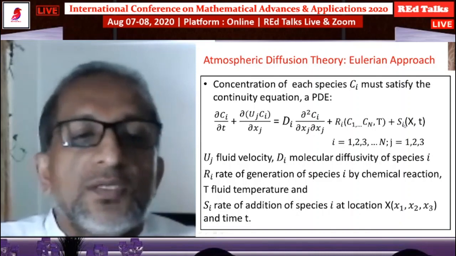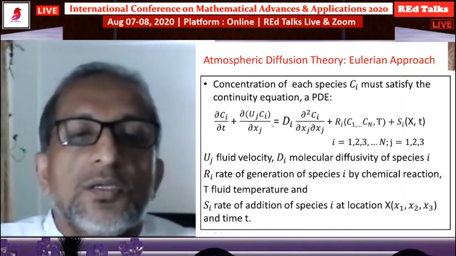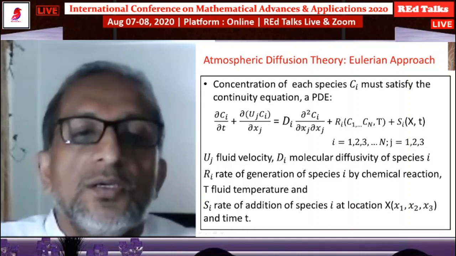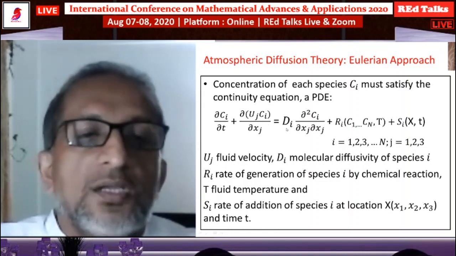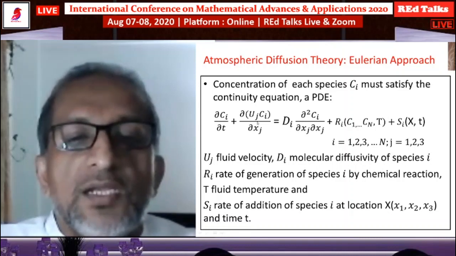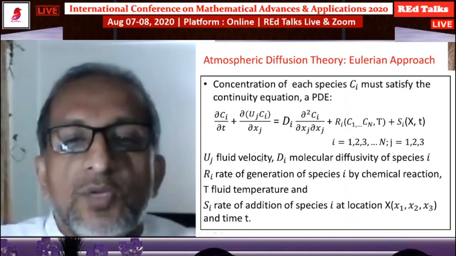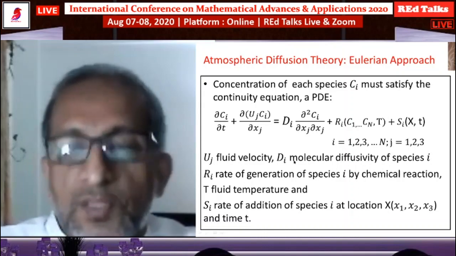In this, the most important fluid properties are uj, which is the fluid velocity, and Di, which is the molecular diffusivity.